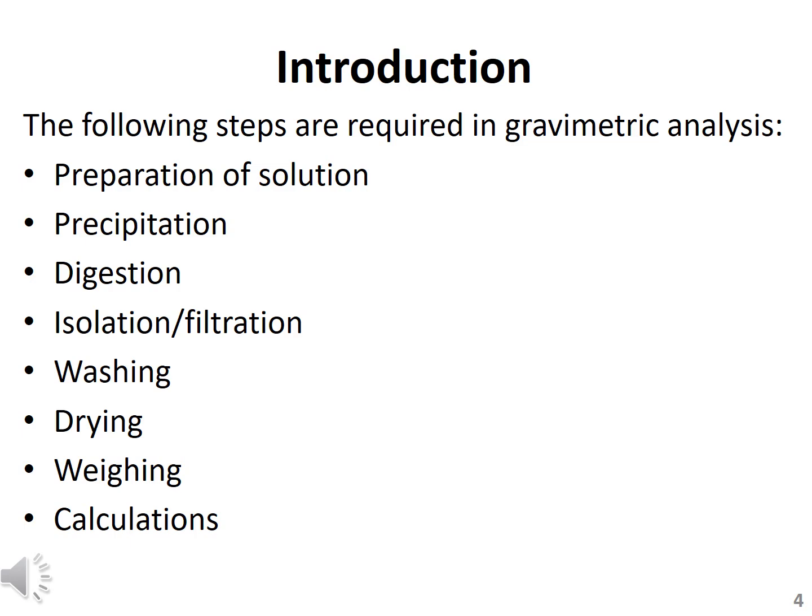After having these crystals, these precipitates must be separated from the mother liquor. Mother liquor is a solution in which the precipitates are formed. So these precipitates must be separated from the mother liquor by using a filtration process.